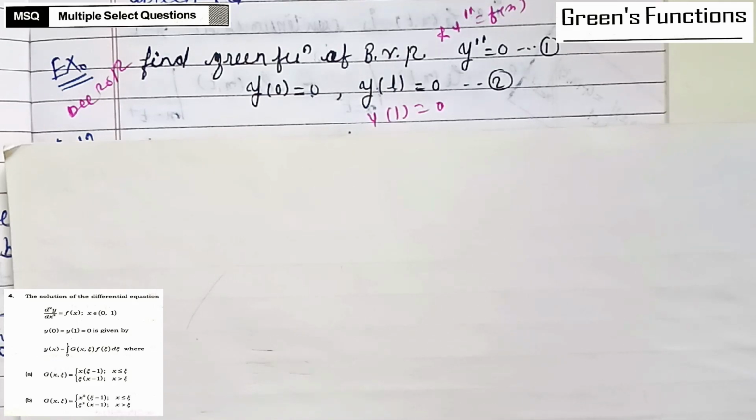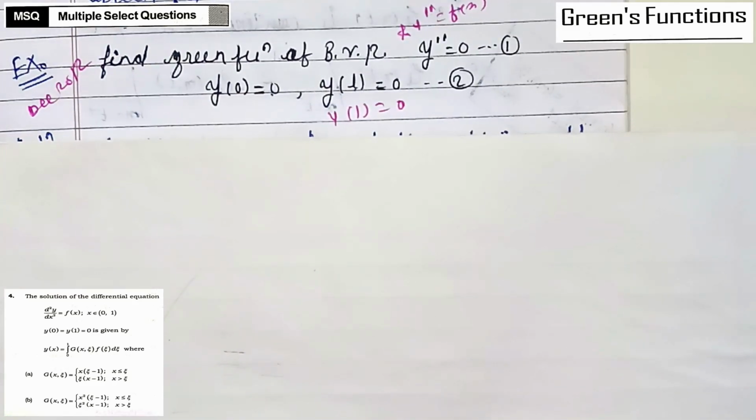We say that a Green's function exists and is unique when our given problem has only the trivial solution. That means if our given function gives us a trivial solution, then we say that the Green's function exists and is unique for our boundary value problem.